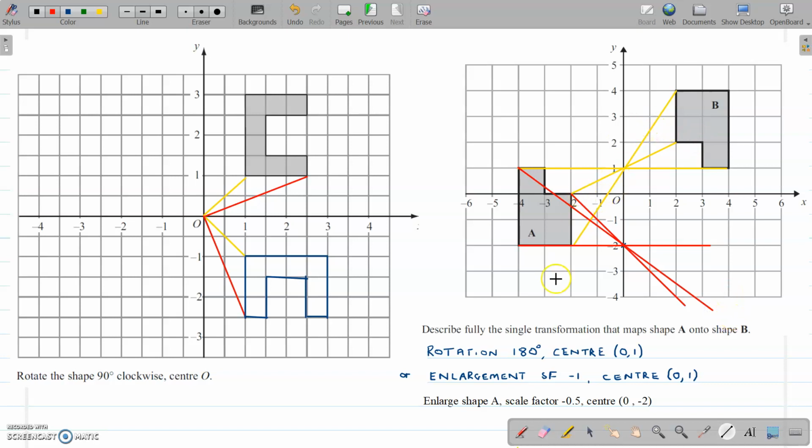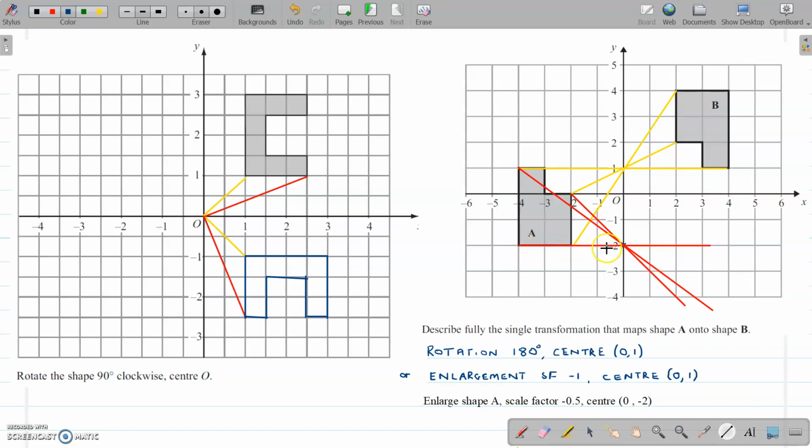Now what we have to do is consider that the new shape is half the size of the old one and upside down. It also means if it's half the size, it's going to be half the distance away from this center of enlargement. So you notice how this is 2 units away and this is 4 units away.